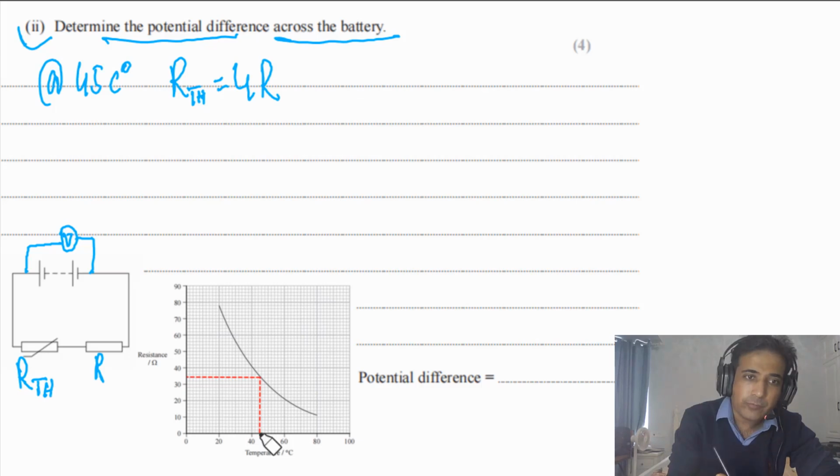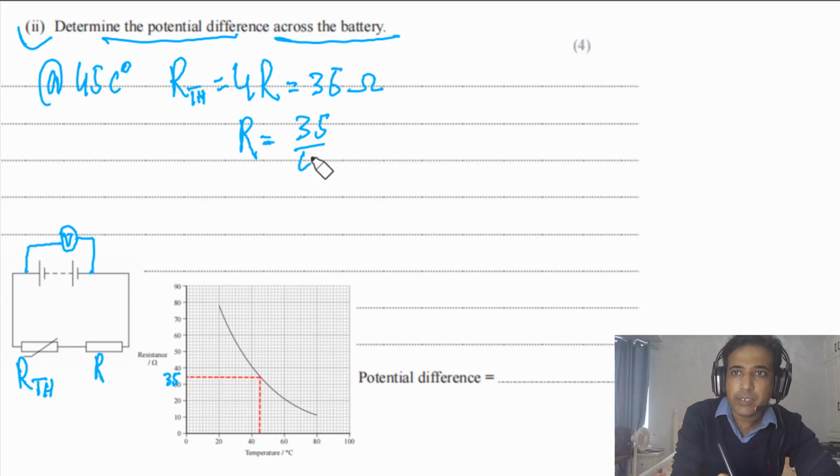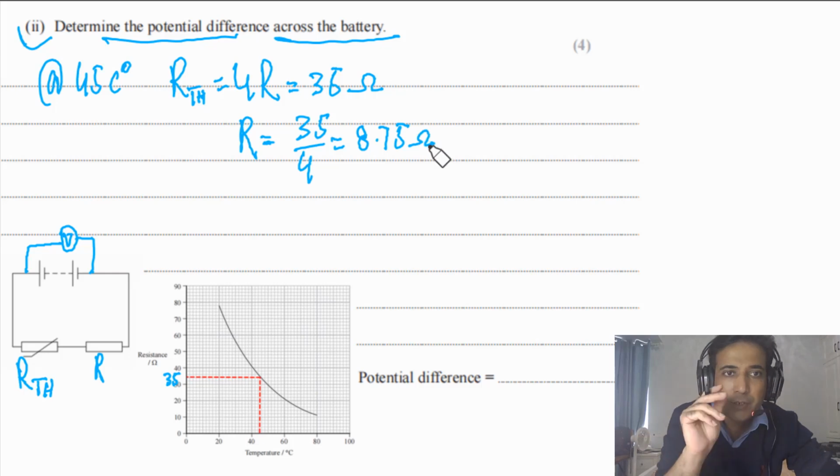Now if we look at 45 degrees Celsius, we can find the resistance of the thermistor, and in this case it is equal to 35 ohms. So from here we can find the value of resistance of this fixed resistor. We can say this is 35 divided by 4. If we solve this one, we will get 8.75 ohms.